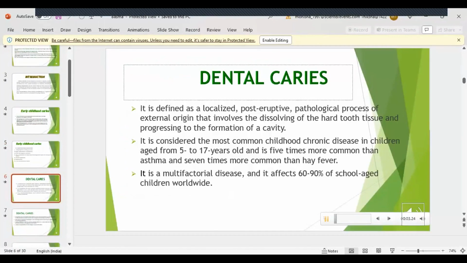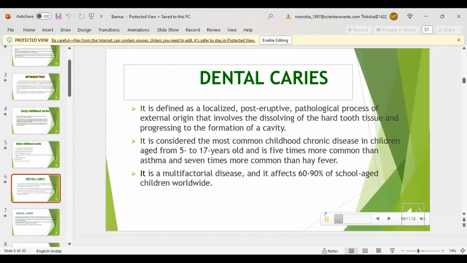While dental caries is defined as a localized post-eruptive pathological process of external origin that involves the dissolving of the hard tooth tissue and progressing to the formation of a cavity.